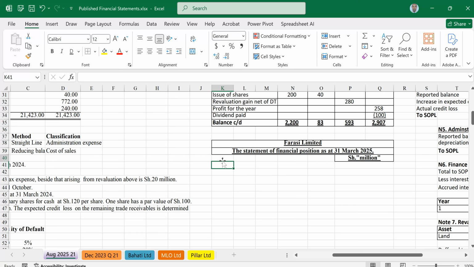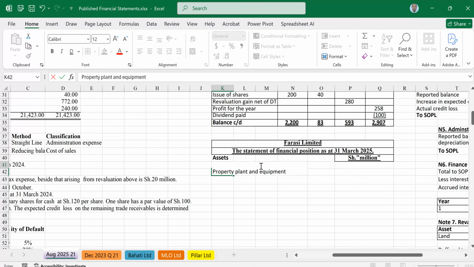So now the statement of financial position, which starts with the assets. After assets, the first asset is non-current assets. So after non-current assets, we have property, plant, and equipment.